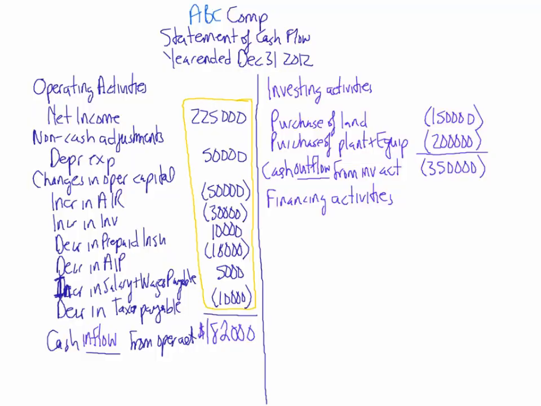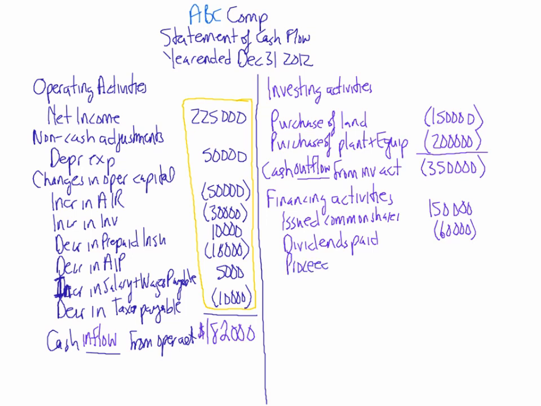So now we're going back here, and now I can do my financing activities. I've got issued common shares, and that's positive 150. And then I have dividends paid, and that is negative 60,000. And then I've got proceeds from bank loan, but again, you could say issue.